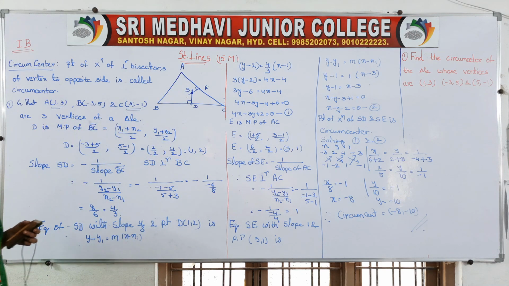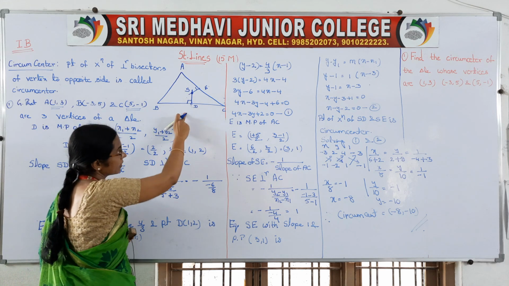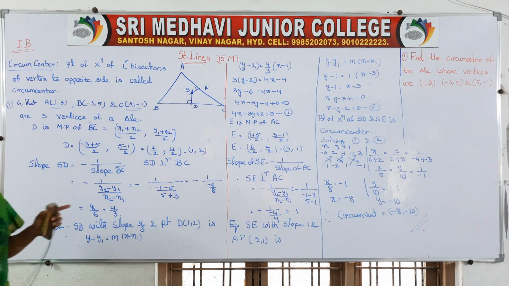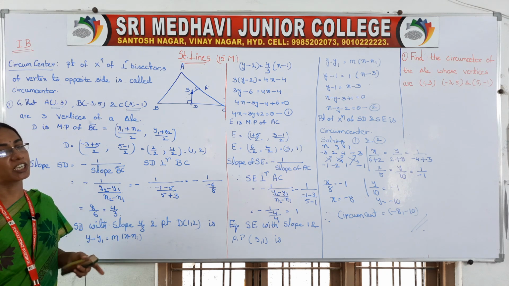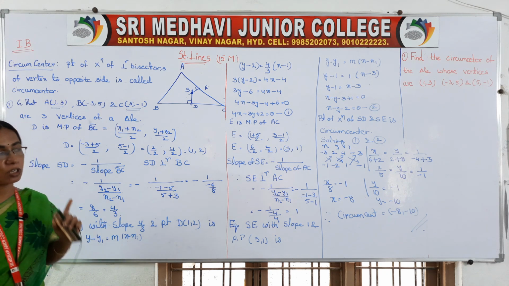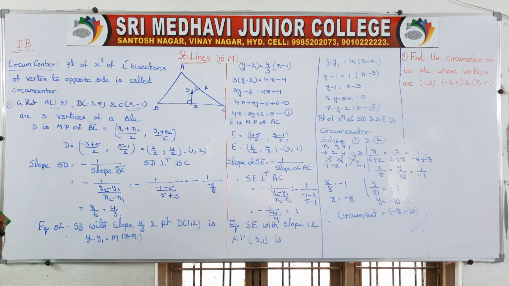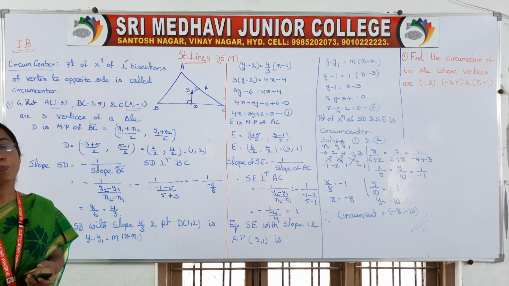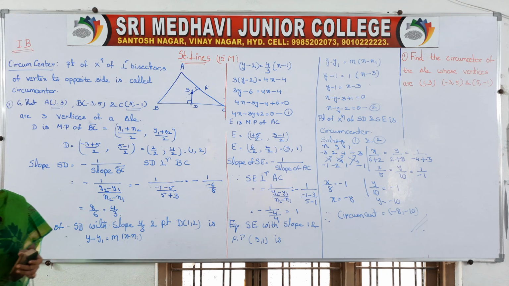So first find the perpendicular bisector SD, then find the perpendicular bisector SE. Their point of intersection is circumcenter. Don't do it blindly. So what is circumcenter? Point of intersection of perpendicular bisectors.